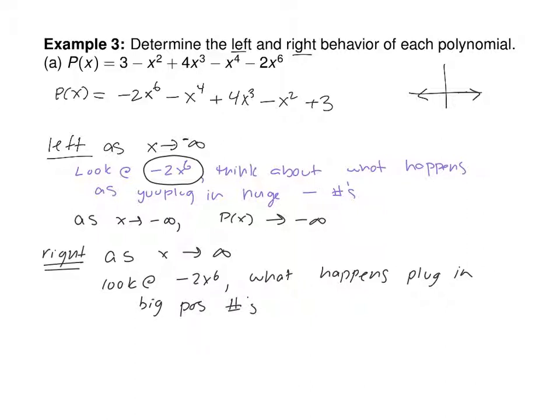First you take that positive number and sixth power it, which makes it even more ginormous, right? Then you multiply it by -2, which makes it ginormous but negative, right? So as x goes to infinity, p of x goes to negative infinity.